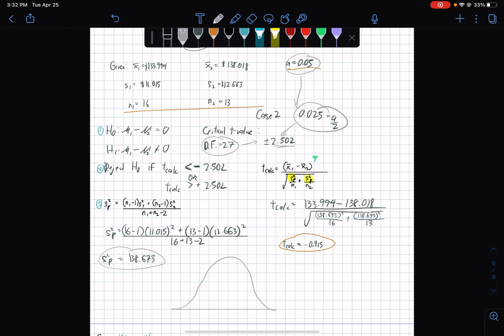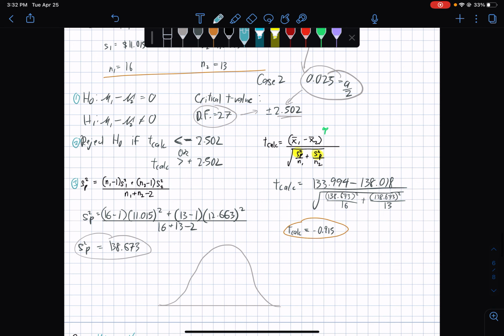So how do you make a decision? The easiest way, I think, is this. You just draw it like this. Visualize 2.502, negative 2.502, and then dito banda negative 0.915. Again, this is a two-tailed test, so dito in the middle is do not reject.